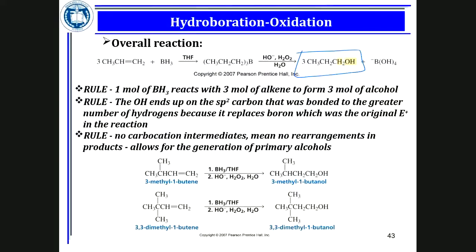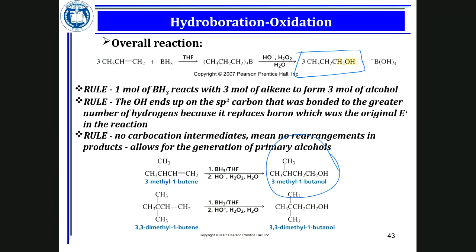For hydroboration oxidation, the addition is Syn addition, and you learn that from the mechanism of the reaction. That's going to be a Syn addition. I will go over the mechanism tomorrow, but just know that the addition is going to be anti-Markovnikov addition.